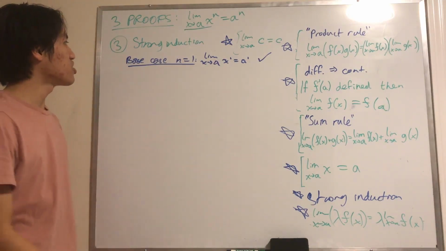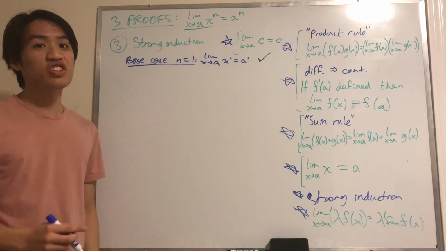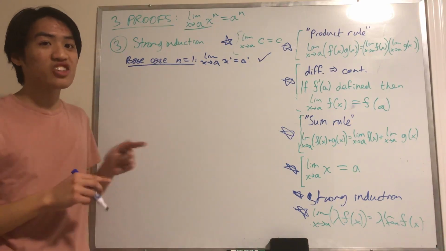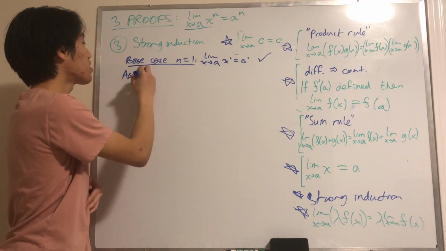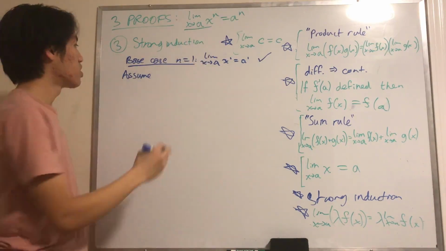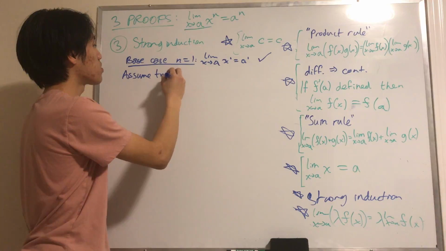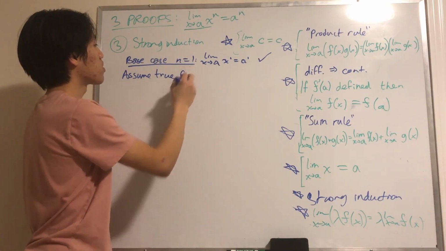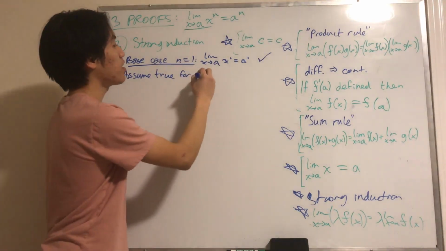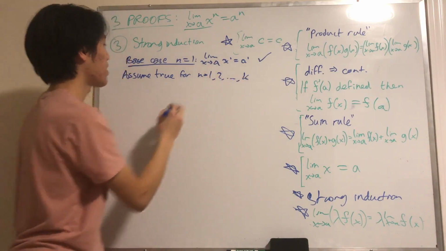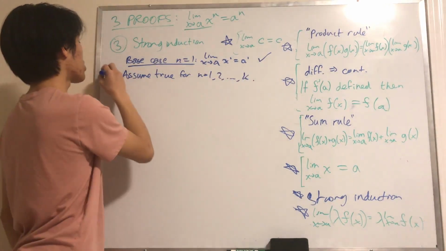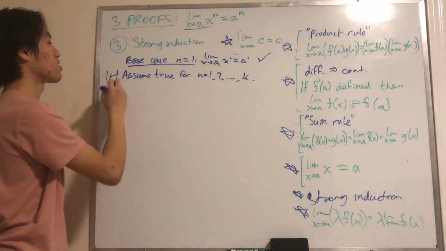For strong induction, for induction in general, you have this step, the induction hypothesis. This is the part where we assume that our proposition is true. So assume true for n equals 1 all the way up to k. So that's the induction hypothesis.